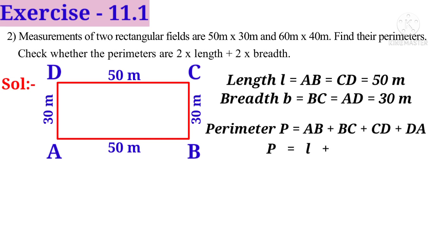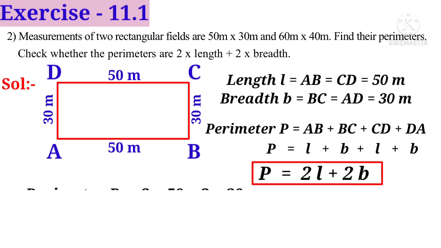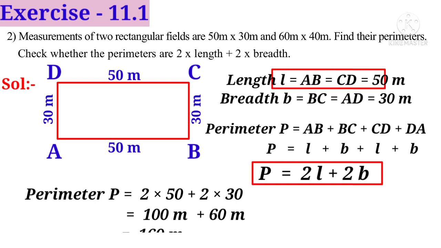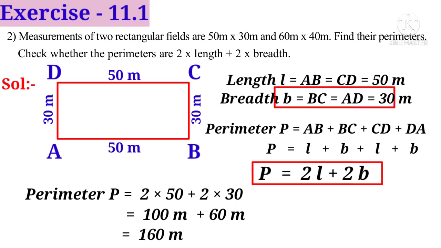Here AB is nothing but L, BC is nothing but small b, CD is L and DA is b. So P is equal to L plus L, 2L, b plus b, 2b. So this is the formula. So now perimeter P is equal to 2 into L, that is 50, plus 2 into b, that is 2 into 30, that is 100 meters plus 60 meters, that is 160 meters is the perimeter.